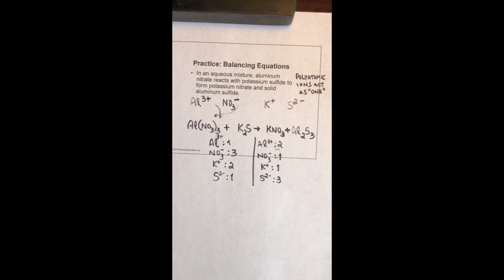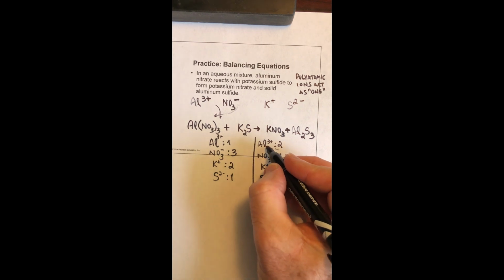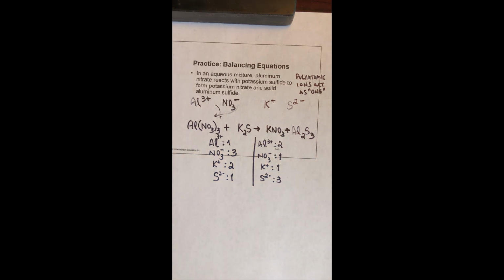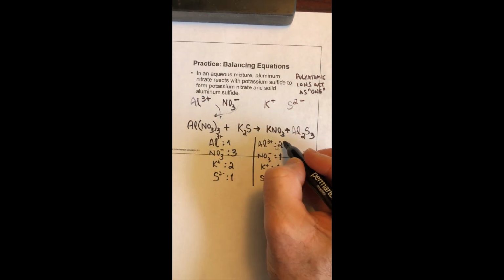So now it's a matter of choice. Notice that on both sides of the equation, each element is present in only one of the components. So I can start wherever I want. I'm going to go alphabetical. Let me start out by balancing the aluminum. I have 1 here and 2 there.